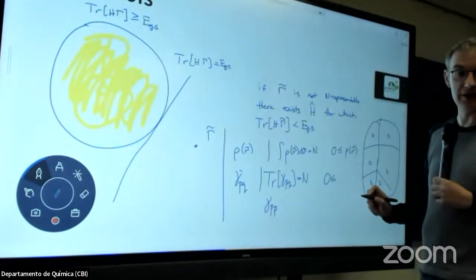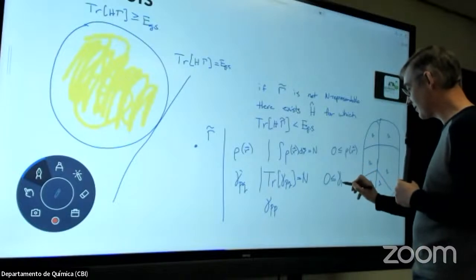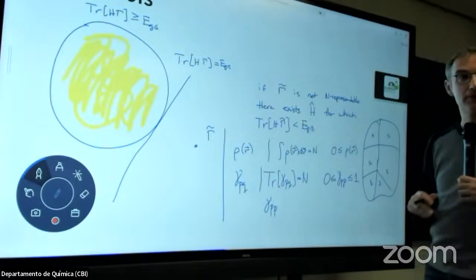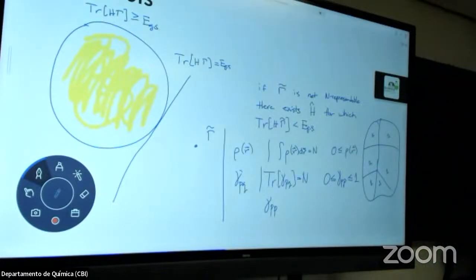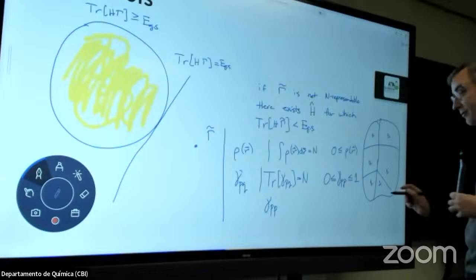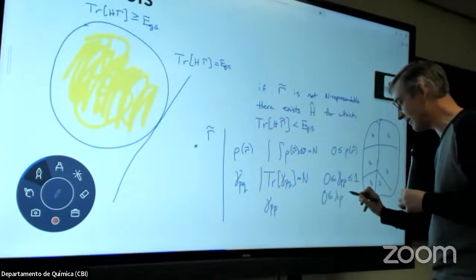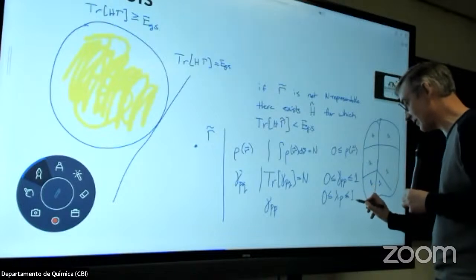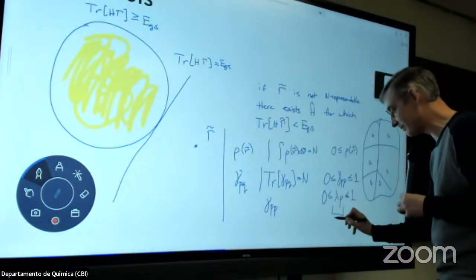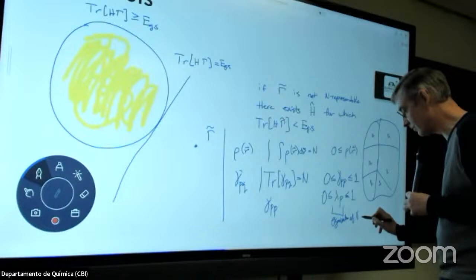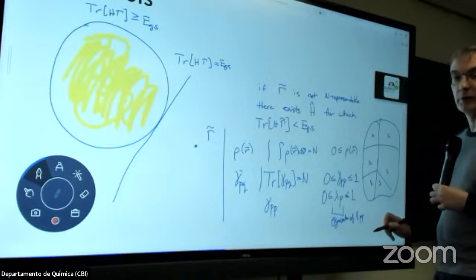And there's several different ways of writing this. The simplest is this, right? It's nicer for hypothetical reasons to say that the eigenvalues of the density matrix are all between 0 and 1.